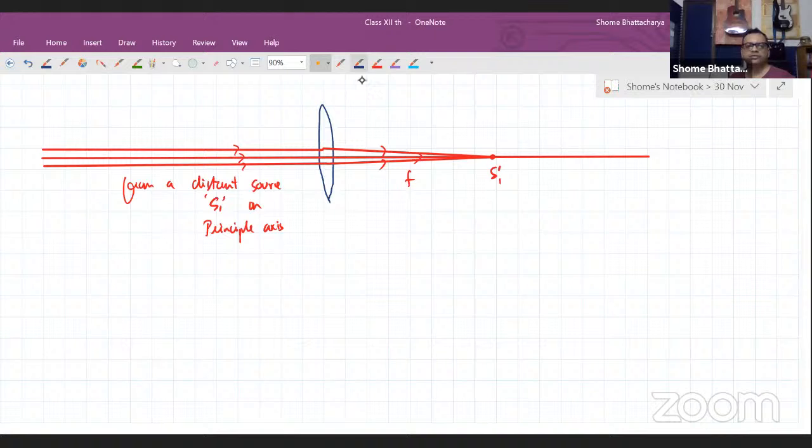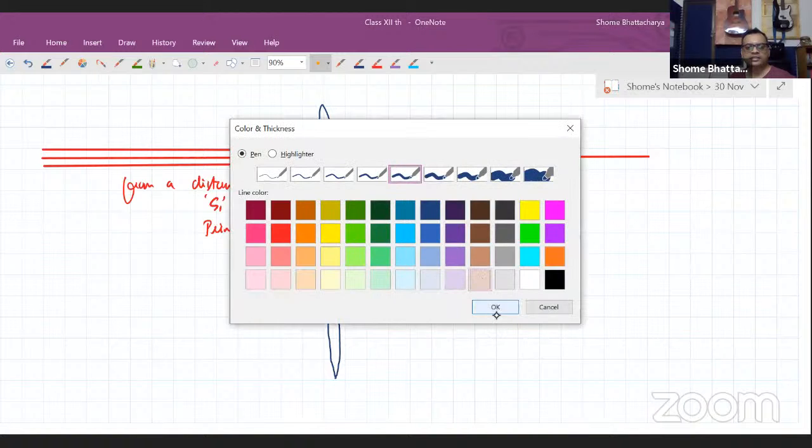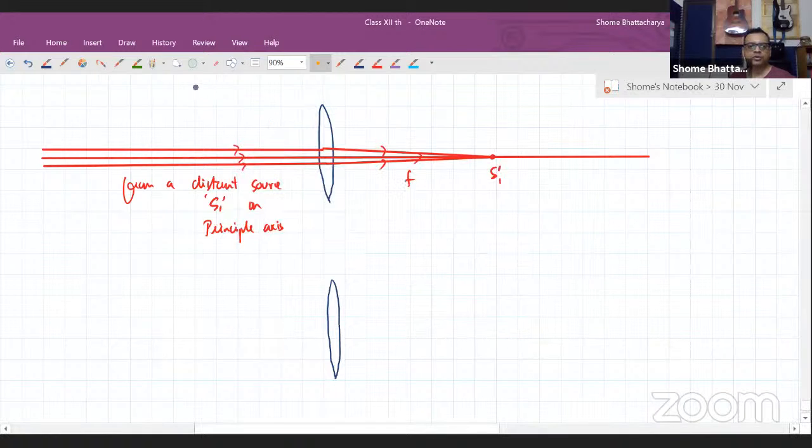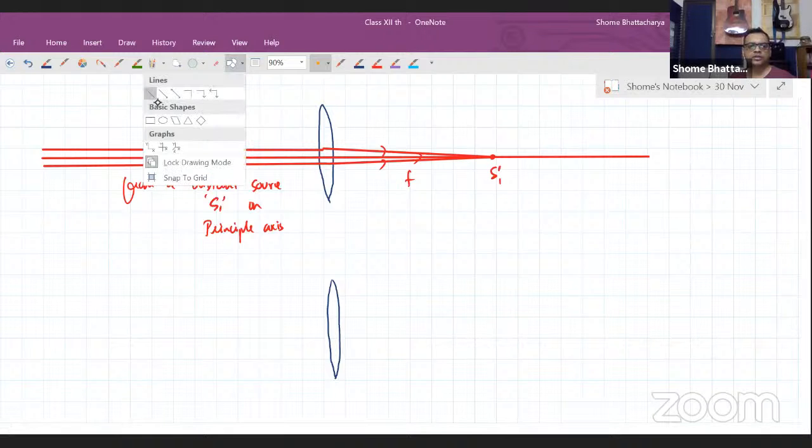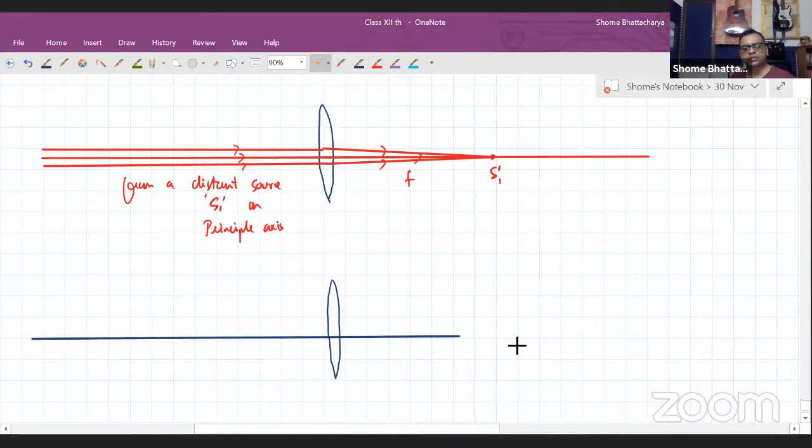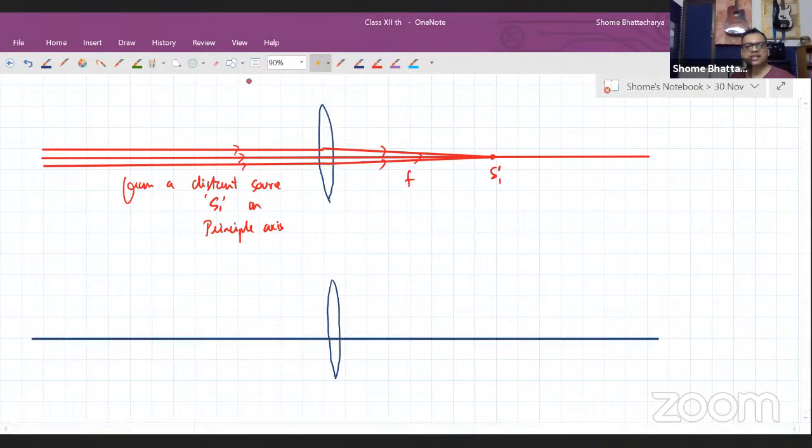But what about light coming from a second source which is not on the principal axis, which is slightly above the principal axis? Again it's a little difficult to show in this diagram because we want to show an angle which is tending to zero, so we will do a sort of approximation. If this is your principal axis, the light coming from that second source is at a slight angle with respect to the principal axis.